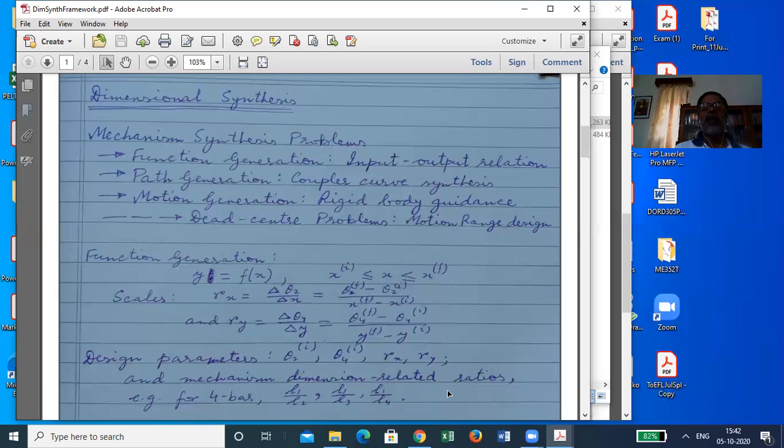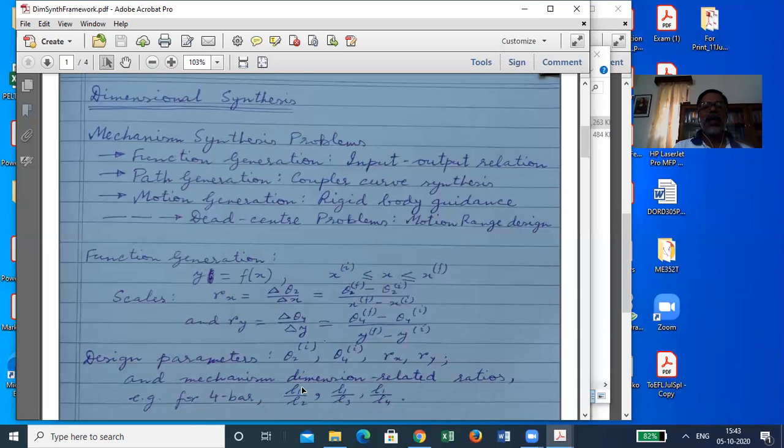Now, for a four-bar mechanism, four quantities L1, L2, L3, L4 are not important, because for this, we are talking only of rotational quantities. So whether the mechanism links are in centimeters or in meters, it will not matter. It is the ratios which will govern everything.